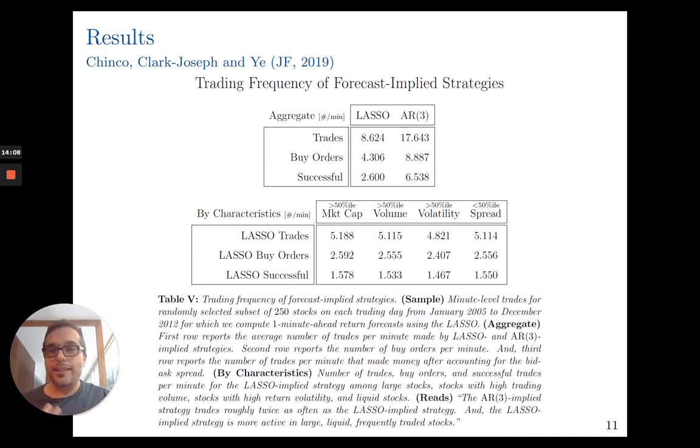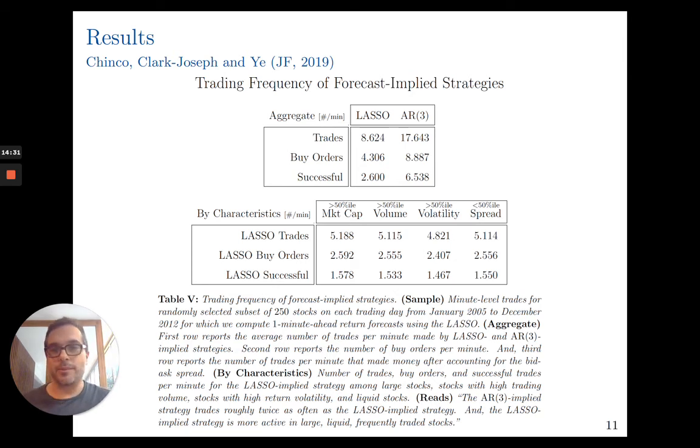And also, if you look at trading frequencies, we see that Lasso makes fewer trades than the AR3 strategy, okay? But these trades can be highly successful, okay?